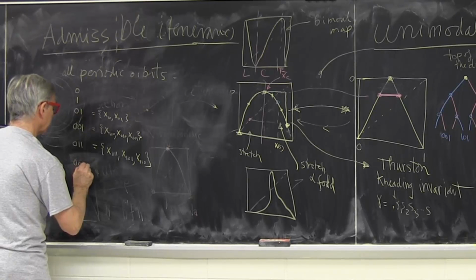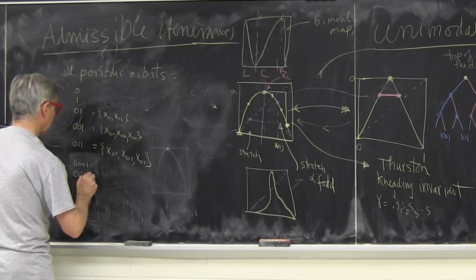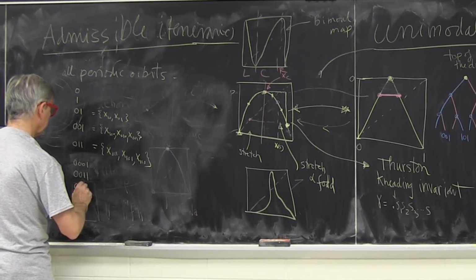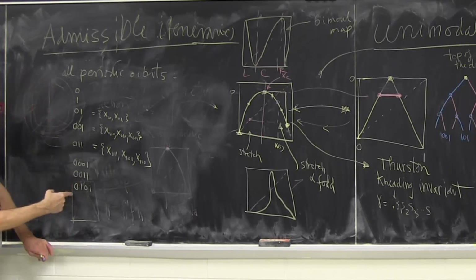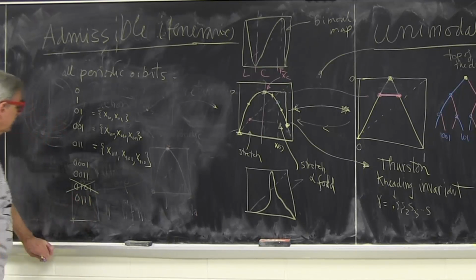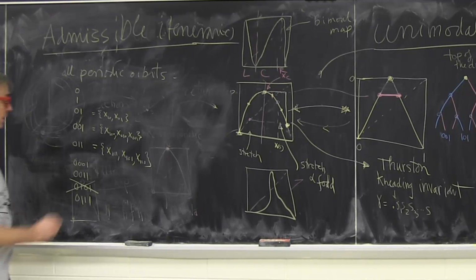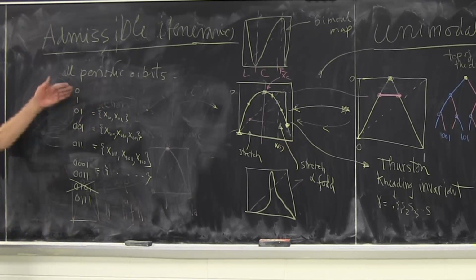There is 0, 0, 1. There is 0, 1, 0. You already took care of cyclic permutation, so somebody like that. Then there is 0, 1, 0, 1. But that's a repeat of the 2-cycle, so that's not in the list. And it's 0, 1, 1, 1. So there are 3 orbits of length 4, and each one of them consists of 4 points. So you have this list.